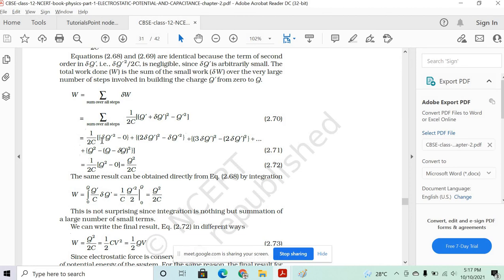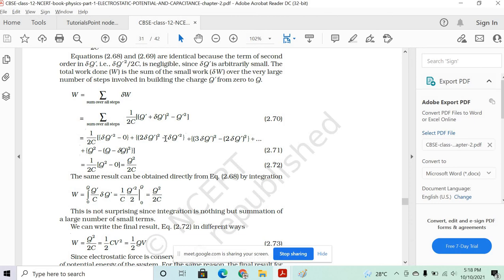Now q1, so we already got this part. When you add all this part, if you just see, something will keep getting cancelled now. 2 delta q square, can you see that? 2 delta q square and minus 2 delta q square will get cancelled. Delta q square minus delta q square will get cancelled.